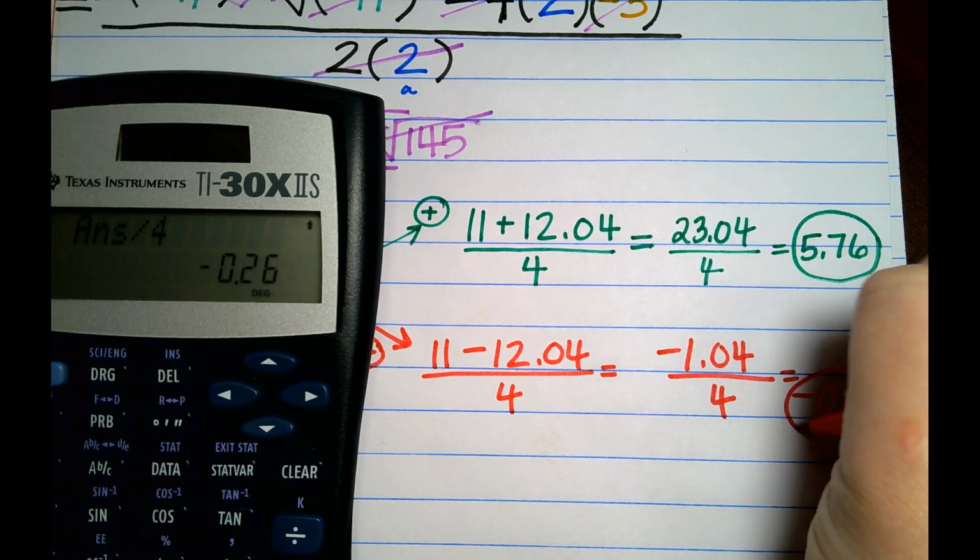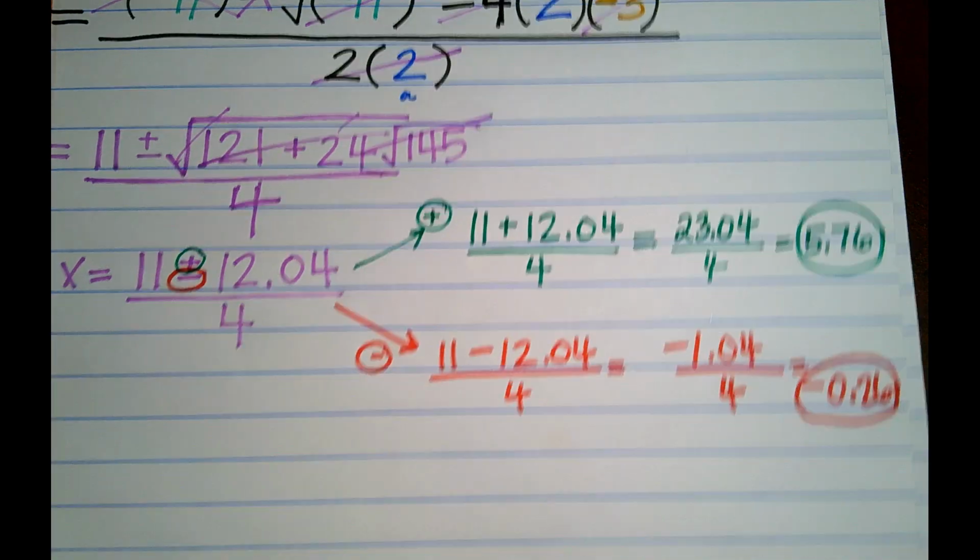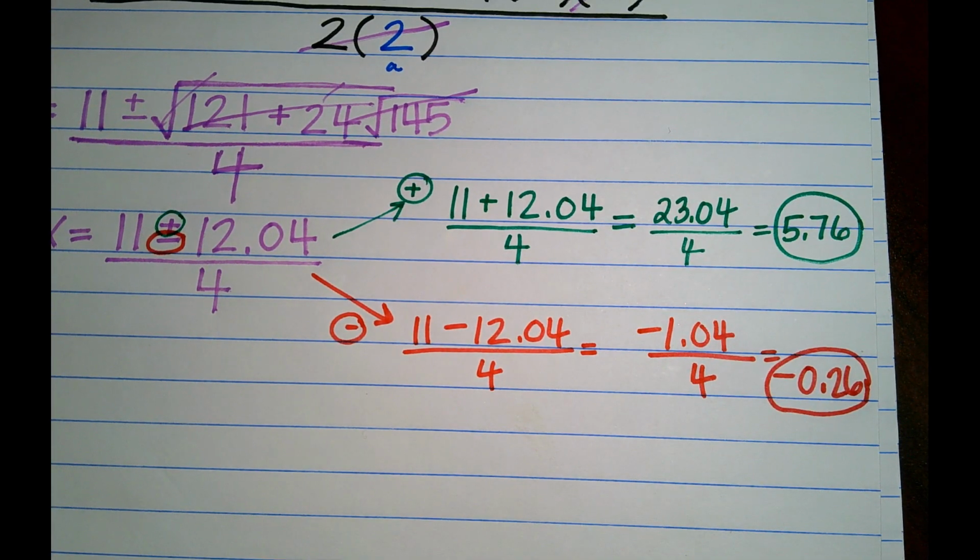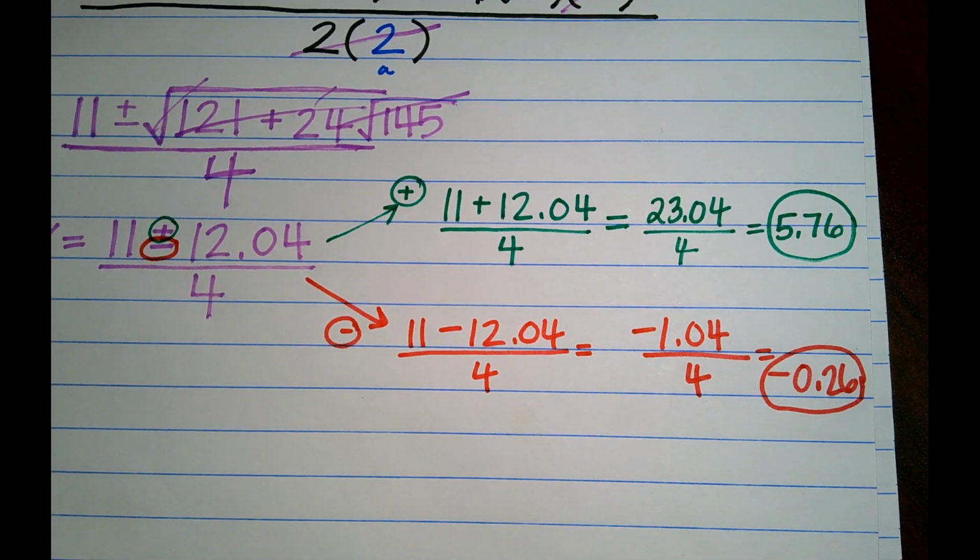Now everybody make sure you're able to get these numbers or very close to these numbers before we move on. Is anybody unable to get these numbers? Or we all got them?